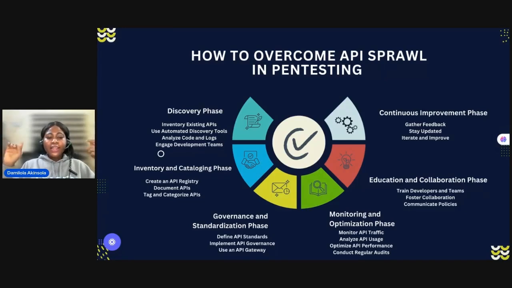So you have network discovery tools that can help you with that. You also want to analyze their code and logs. Most times, when developers write their code, they put the API endpoints that you're calling in your source code. So you may want to go through your code base and also use static code analysis tools like Checkmarx to check for API endpoints within your code base. And AppSec has a really great scanner.